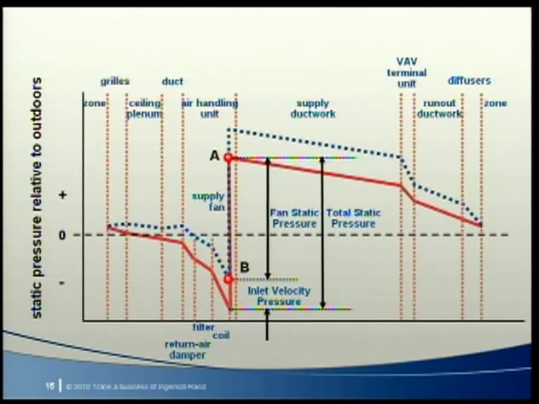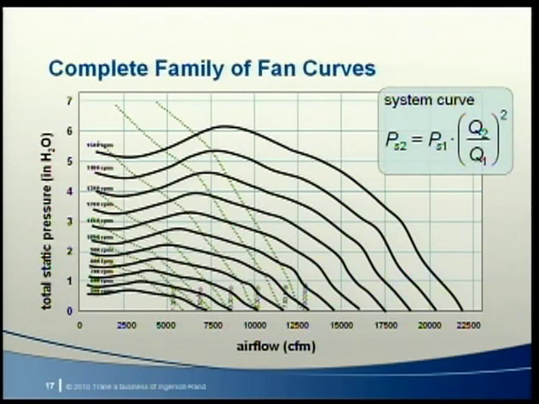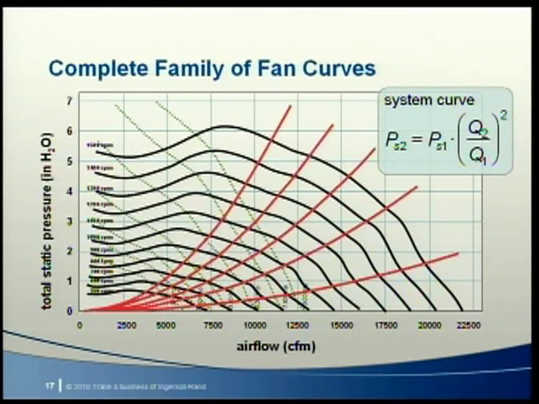This is what we plot on the y-axis of the fan curve. The total static pressure needed to move air through any duct system varies approximately as the square of the airflow. We represent the pressure flow relationship as a system resistance curve on the fan curve plot.